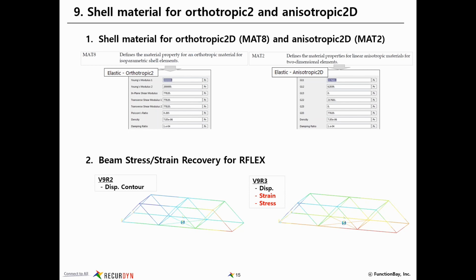That gives slightly different features that have been requested by some people. There's also beam stress strain recovery for RFlex. In V9R2, there's just the displacement contour, and in V9R3 you can recover the strain and stress.